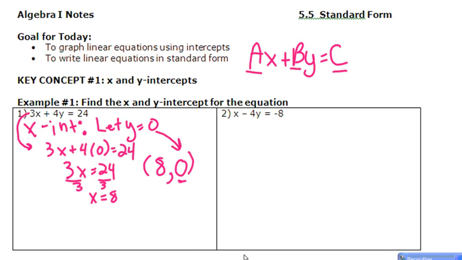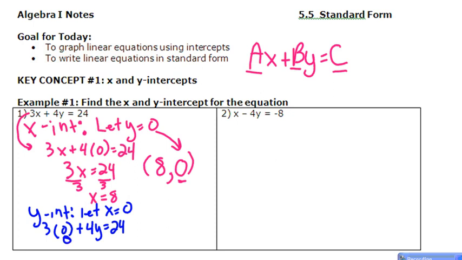So to find a y-intercept, I am going to let x equal 0. So I would take the same equation, but replace the x with 0. So 3 times 0 is 0.